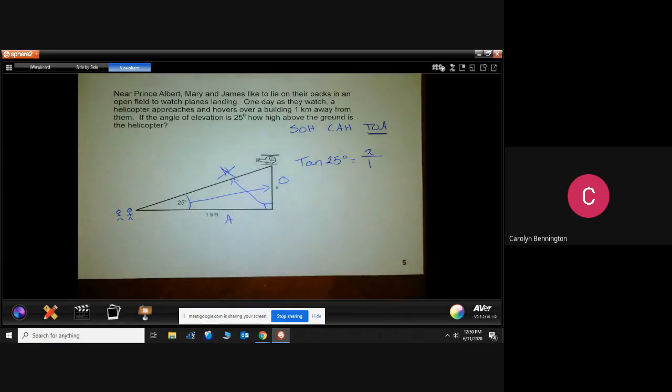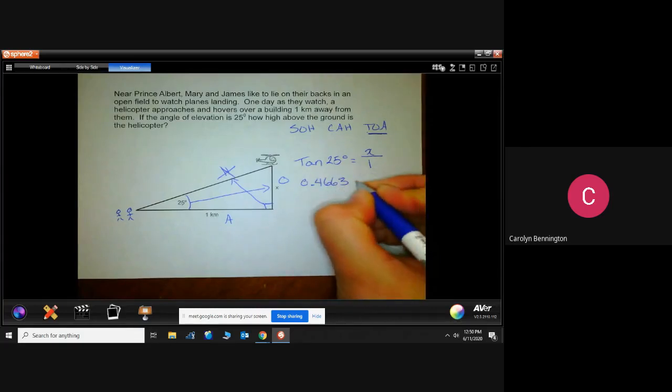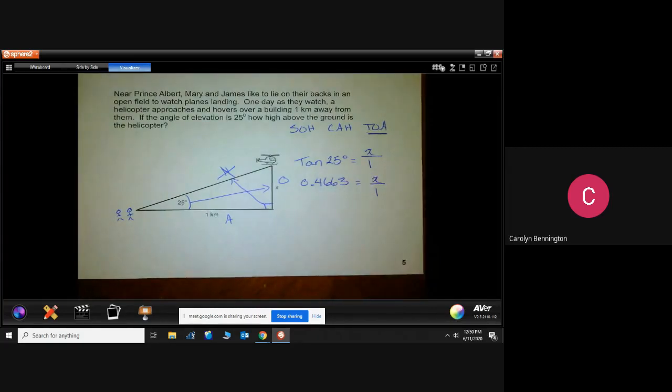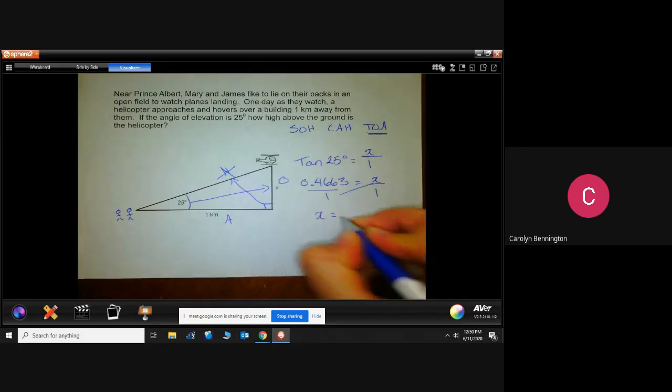So we want to figure out tan 25 is going to be 0.4663 equals x over 1. And I'm going to put a 1 under our decimal. And now we can cross multiply. So we'll have 1 times x is x.